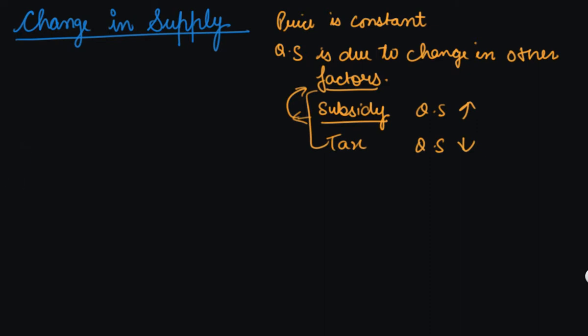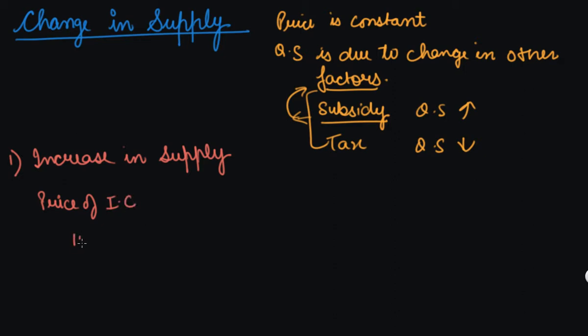Let's understand the first part, which is an increase in supply. Let's say the price of ice cream is 10 and the quantity supplied is 20 units. The price of ice cream remains constant, and the quantity supplied becomes 30.